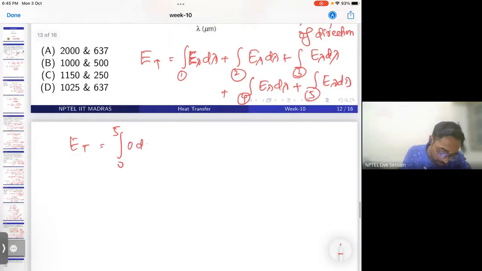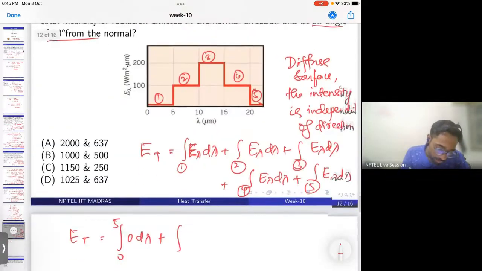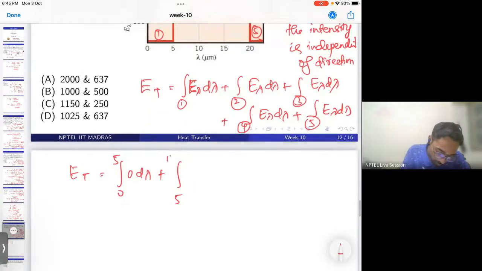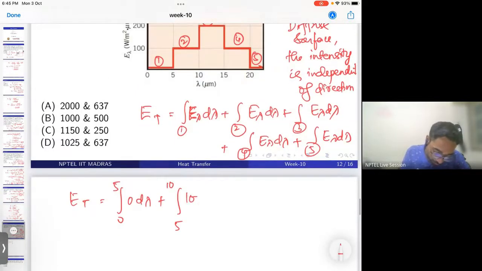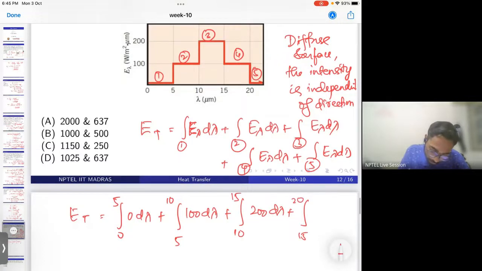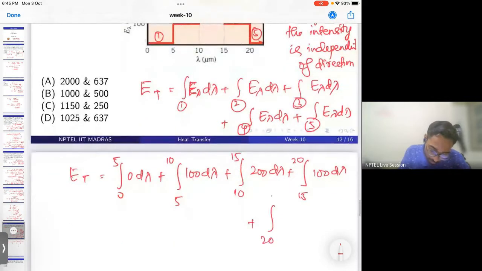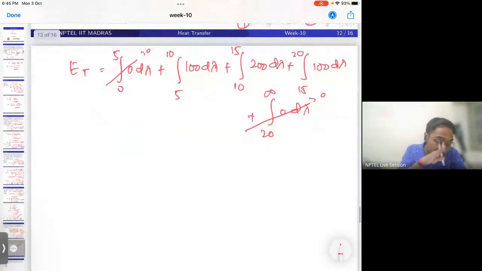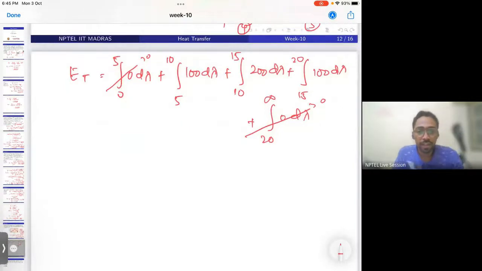So it's 0 d lambda, plus the next range is 5 to 10. So the emission is 100 d lambda. Next is from 10 to 15. Emission is 200 d lambda. Next region is 15 to 20. Emission is 100 d lambda. Plus from 20 to infinity, there is no emission. So the first and last we can cancel. It's a very simple integration.